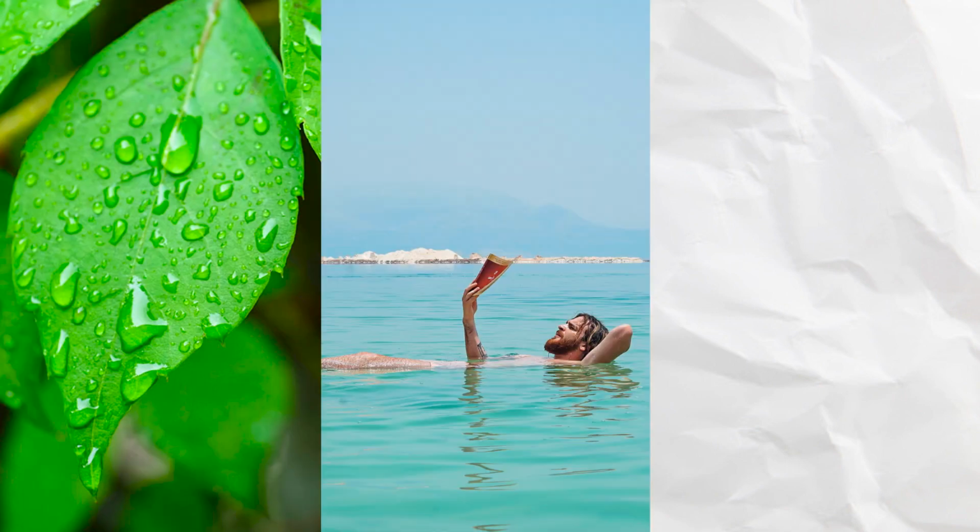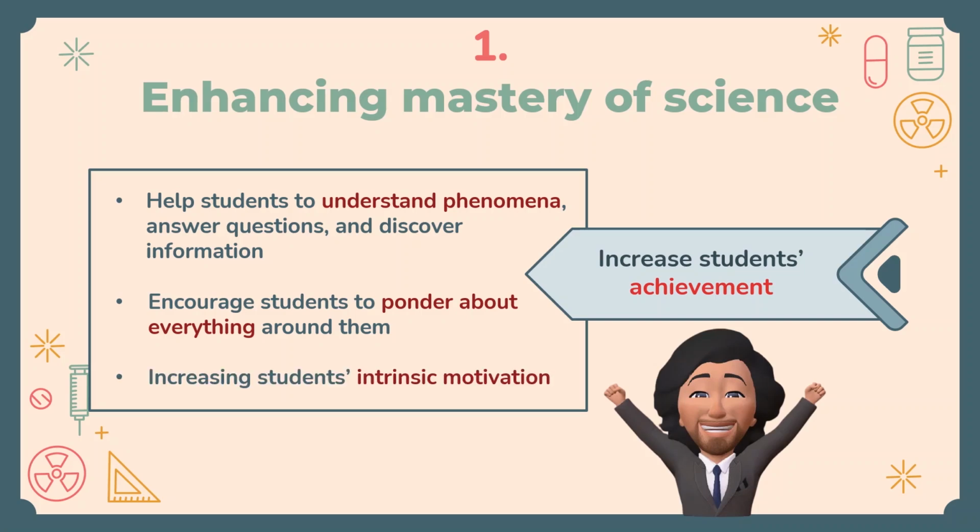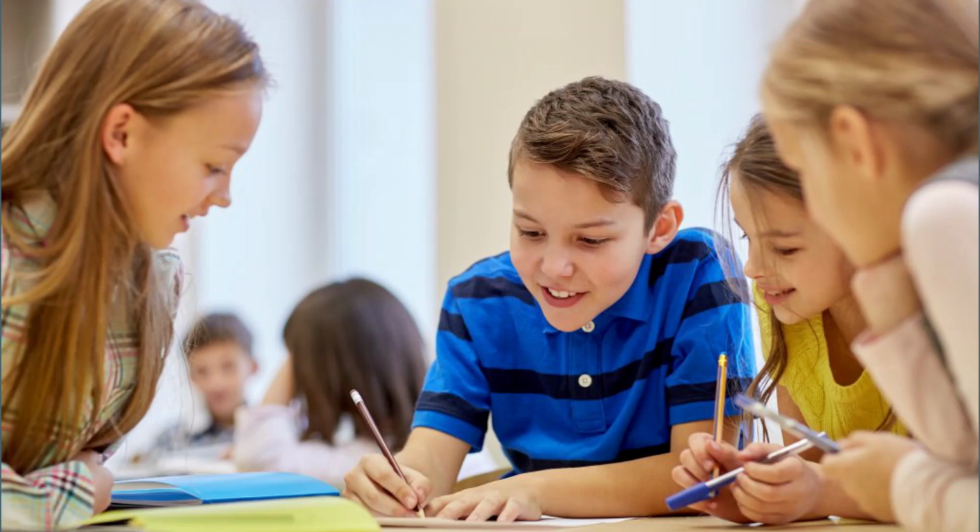Why is it easier to swim in the sea than in the river? And why is a flash of lightning seen before the thunder? These questions that build up inside them will increase their intrinsic motivation, meaning the student will be moved to act for the fun or challenge entailed rather than because of external factors.